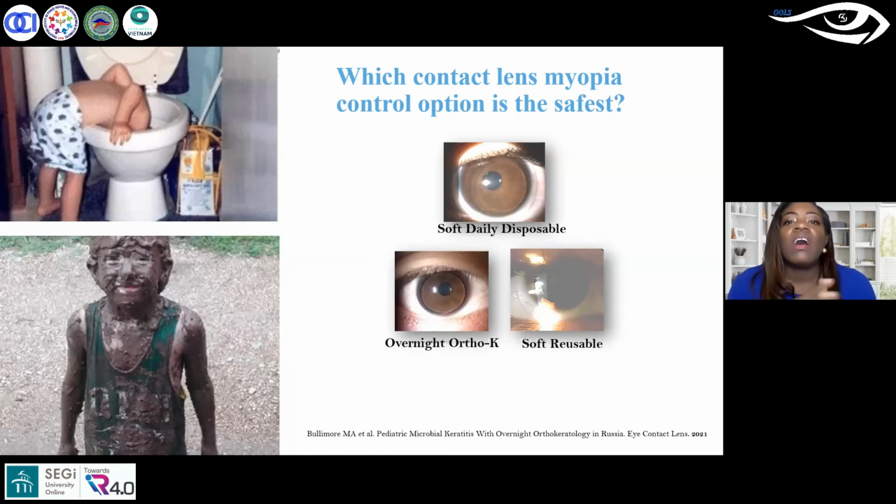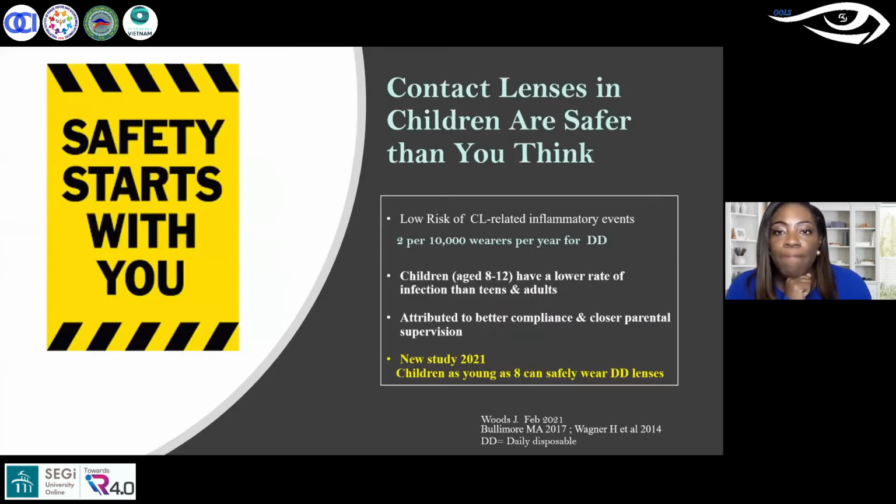GP lenses are definitely the safest, but now we're putting the patient at a little greater risk when they're wearing them overnight. So if we look at the data, overnight Ortho-K is as safe as a soft reusable lens on a daily wear basis.